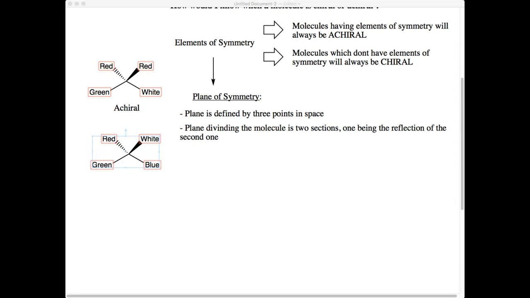So if you look at this molecule, which is chiral, you can see how the central carbon, the one that I'm holding here, is bonded to 4 different groups: white, green, blue, and red. 4 different groups. So I'm going to type it now here.